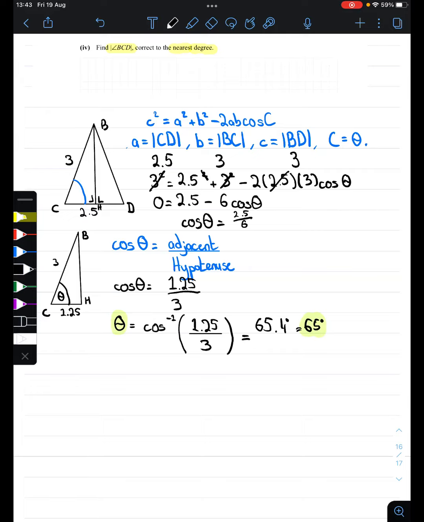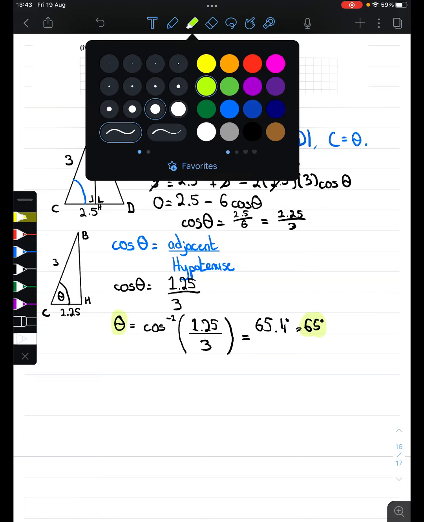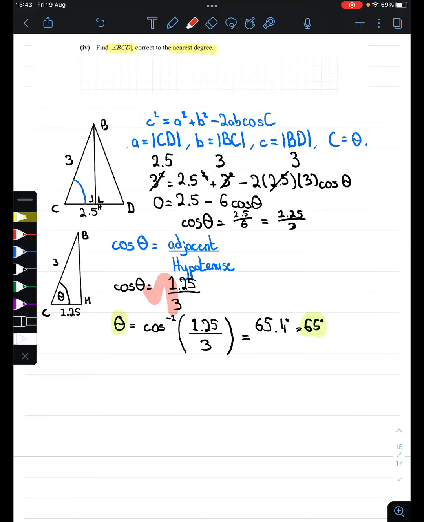Or, this is the exact same as 1.25 over 3, which is what we had here. So, as you should, you get the same answer because it's the same angle. They're just two different ways of going about this. So then, of course, theta will be 65 degrees.